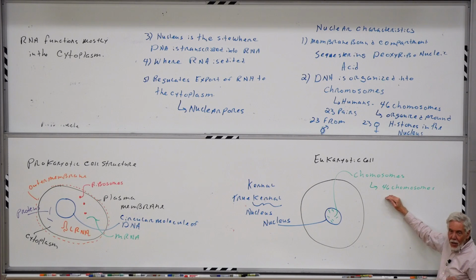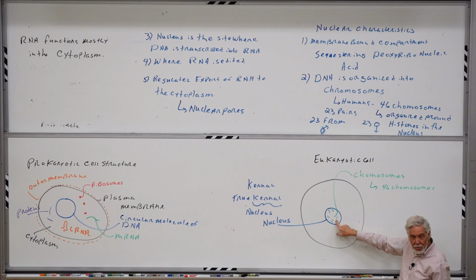It's always amazing to me that you can take upwards of over a meter of DNA and stuff it into this tiny volume. If you're going to do that, you need some organizational framework to stuff that much DNA into this small volume.